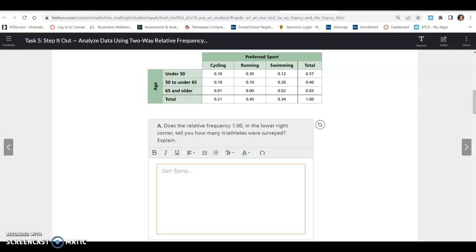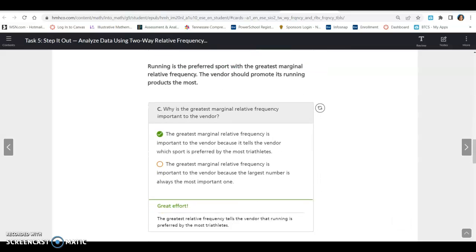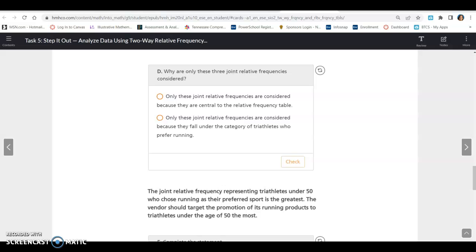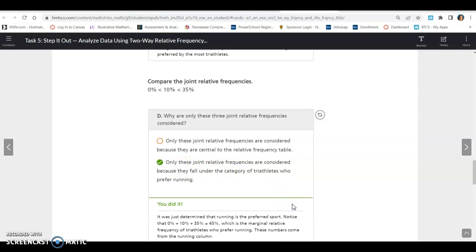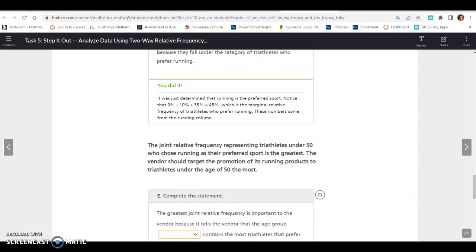Kind of makes sense. So it says, why are only these three joint relative frequencies considered? Only these joint relative frequencies are considered because they fall under the category of triathletes who prefer running. And the 45% from the last question was talking about running, so those are the numbers that we need to look at.